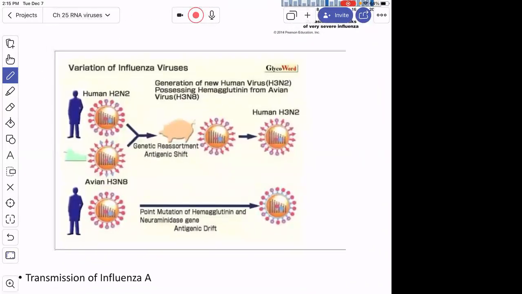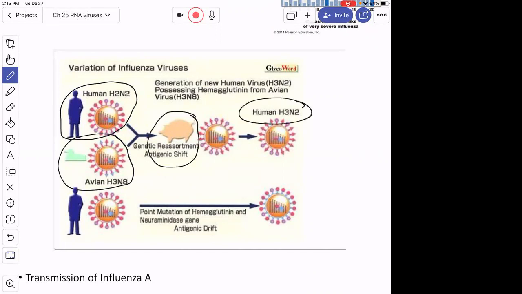If you have a human strain of flu and say a strain that only infects ducks, at the same time infecting a pig, you get reassortment between those two strains and come out with something totally novel, like H3N2 that wasn't in any of the original ones. So that's usually responsible for some strain that hasn't been seen before and that people don't have immunity to, and that can be more severe.